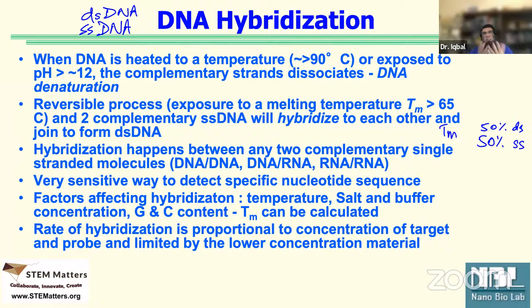So melting temperature is something we play with. We play with the salt concentration. We play with GC content. If you look at the 5th bullet point, it talks about GC content. A higher number of G and C, guanine and cytosine, means higher melting temperature. GC content has been shown to have some interesting roles in the physical properties.